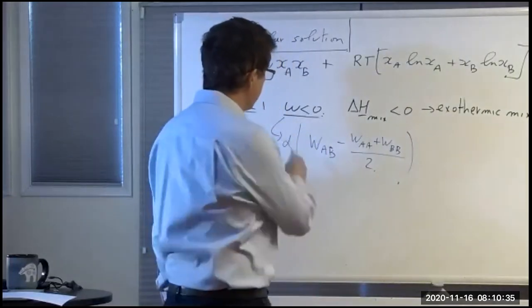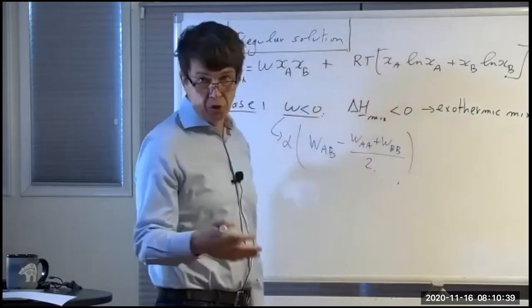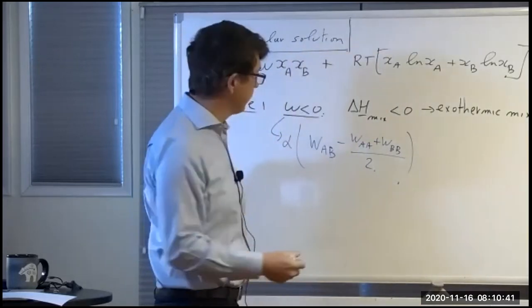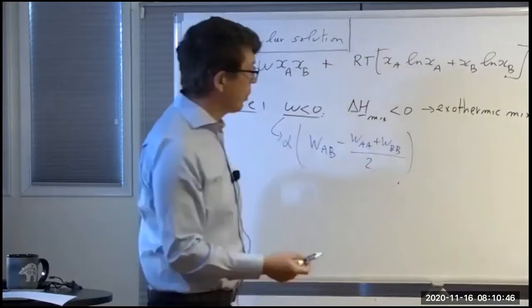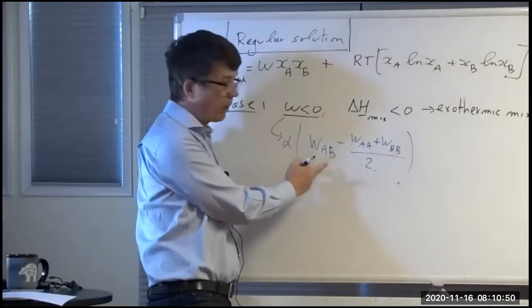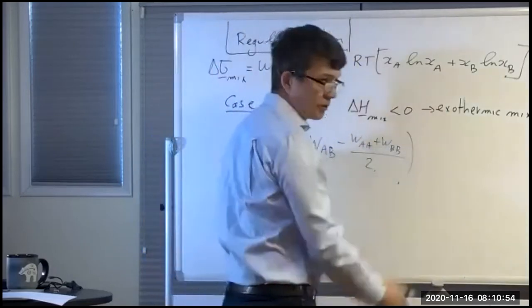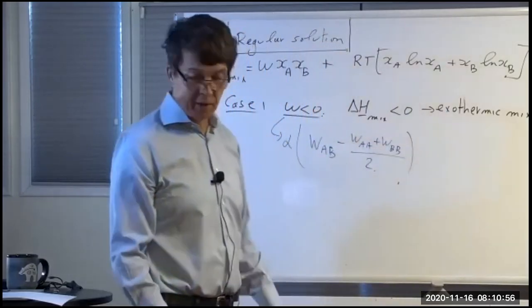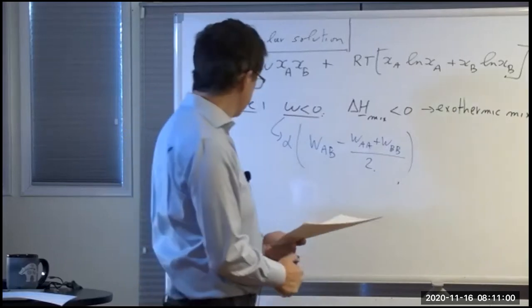But what you see is when omega is negative, that means that the AB bond energy is lower, so it's more cohesive than the average of the AA and the BB bond. So when you mix, your system goes to lower energy because it replaces some AA and BB bonds by AB bonds. And that, of course, is what the exothermicity is, right? You're actually releasing energy as you form the compounds.